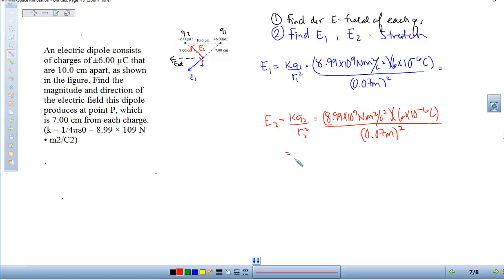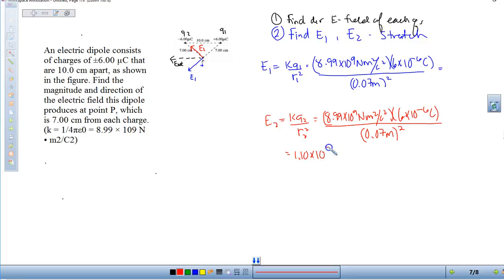8.99 times 10 to the 9th times 6 times 10 to the negative 6, divided by 0.07 squared. We get a large number when we do that. That's 1.10 times 10 to the, let me count, 1, 2, 3, 4, 5, 6, 7.